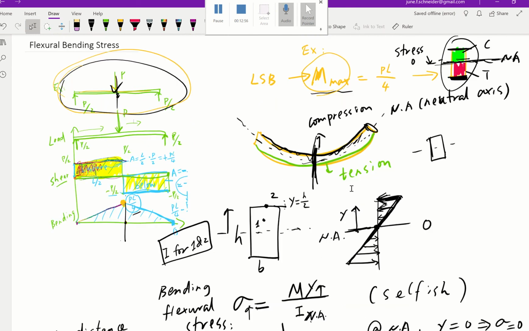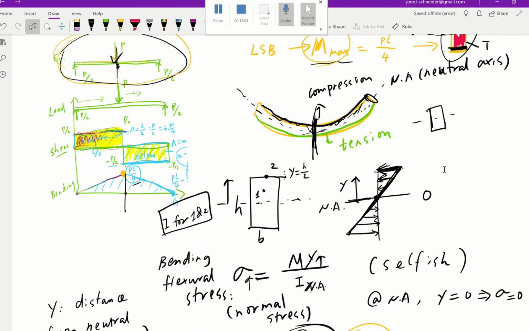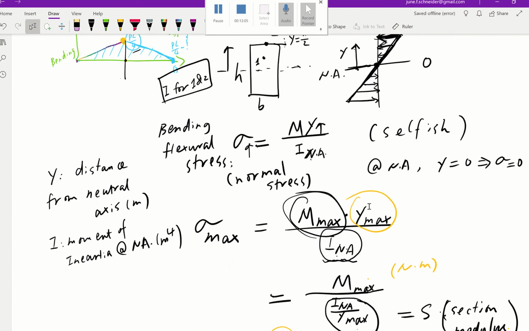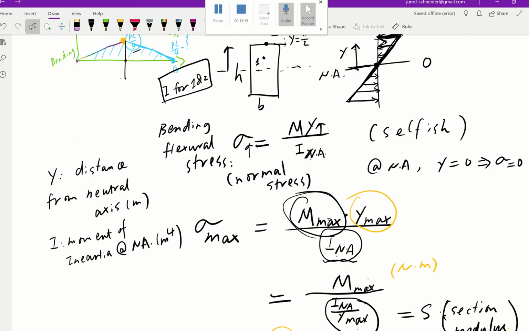Since you found the maximum bending moment, you know that at that location, if you slice that cross section out, the top edge and the bottom edge are going to have the maximum bending stress. Therefore, you're going to use this y maximum. If it's a rectangle, that would be half h, because that's how far above the neutral axis it is, divided by the moment of inertia of this cross section. It might be a good time to review moment of inertia.